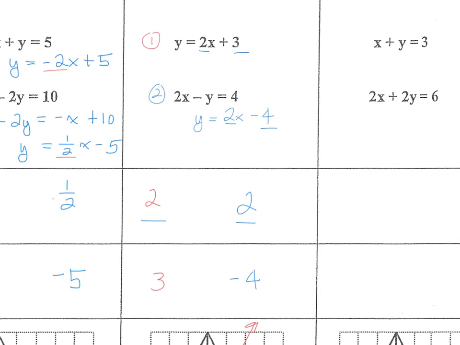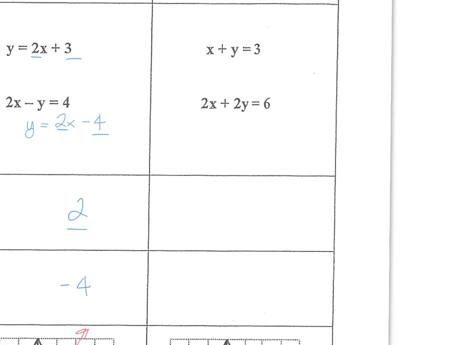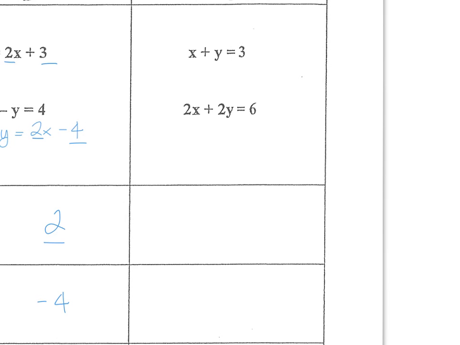The third case, C. When I rearrange this one, even though it doesn't look like it's the same at first glance, y equals negative x plus 3. And then for the other line, when I rearrange this, I get 2y equals negative 2x plus 6 as well.